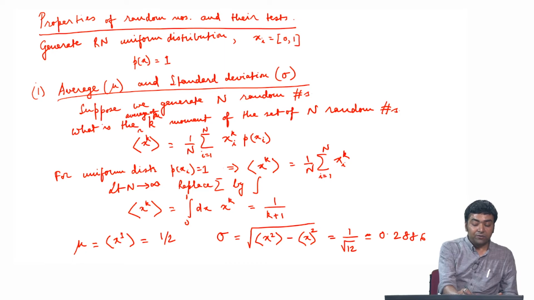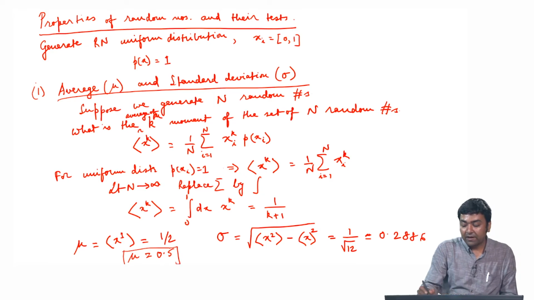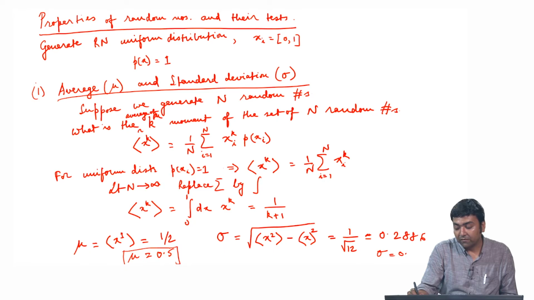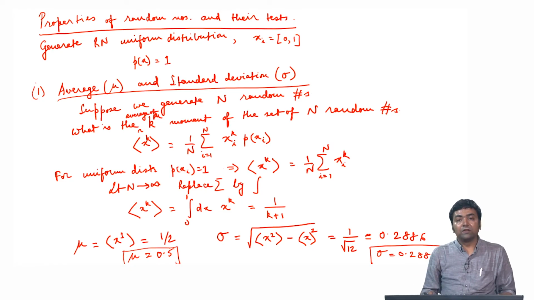What you should get is an average value equal to half, and a standard deviation sigma of 1 by root 12, or 0.2886. If you do not get these numbers, then you can be sure that the random numbers which you have do not have a uniform distribution. So, this is the first test one needs to do.